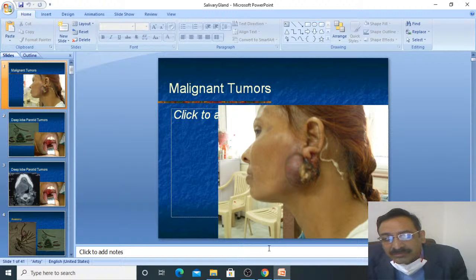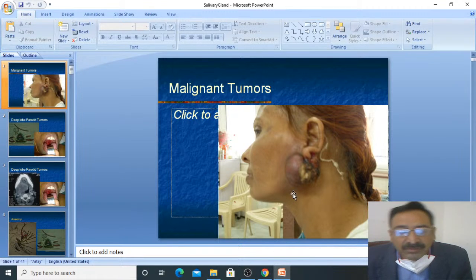So any tumor you find, even though it's mobile, is painless, is not associated with facial nerve palsy, is not associated with lymphadenopathy, does not mean that it's a benign tumor. You should do an FNA, and though FNA is 90% sensitive to pick up malignancy, it's not a 100% situation. So basically any patient with malignant disease may present with a benign presentation.